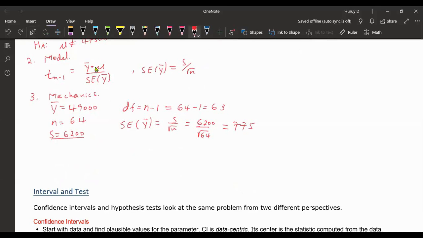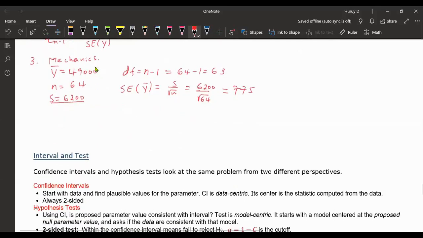And the next step is to calculate the test statistic, which means to calculate this one. Because I have all the ingredients now, I can calculate this. So t with n minus 1 degrees of freedom is y bar, which is 49,000, minus 47,500, divided by the standard error, which is 775.